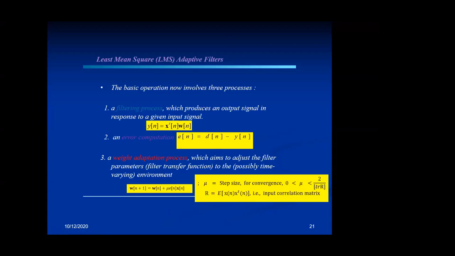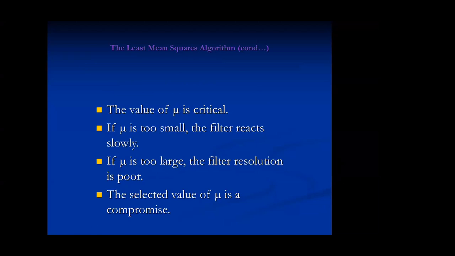This R is a capital letter and bold letter is a matrix. And trace R is the sum of the diagonal elements of the matrix. Okay. If this mu value is between these values, then only this algorithm will converge. For this also the derivation is in all standard adaptive filter books.